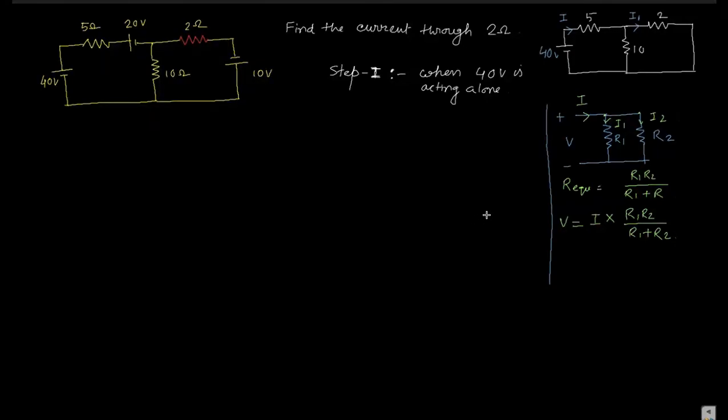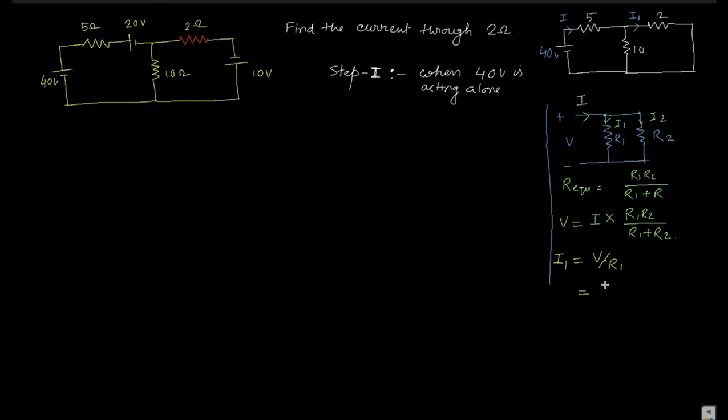Okay, now what is the value of I1? I1 is V by R1, that is, the total V divided by this R1 is the I1. So what is V?